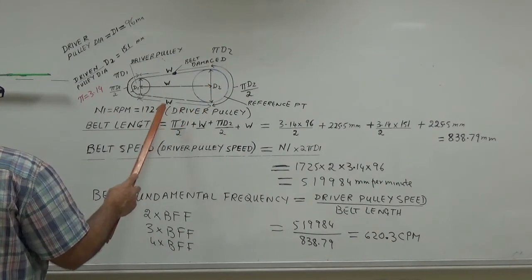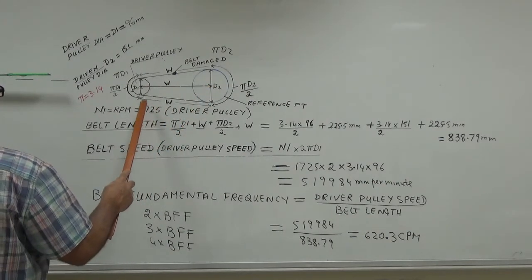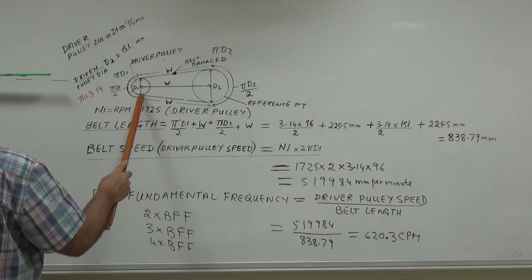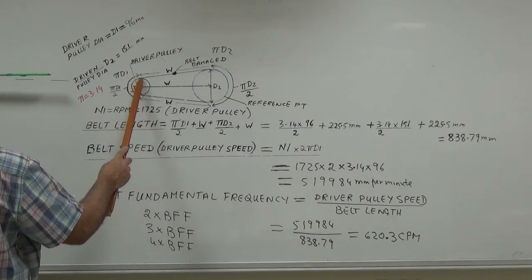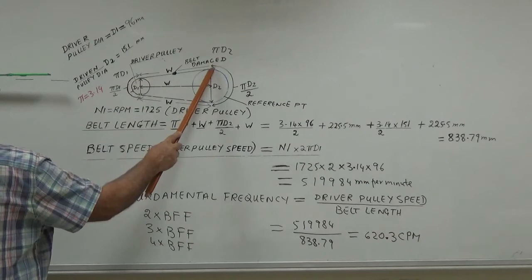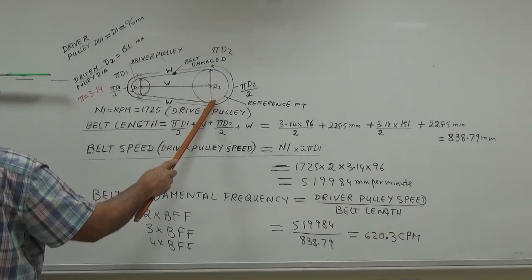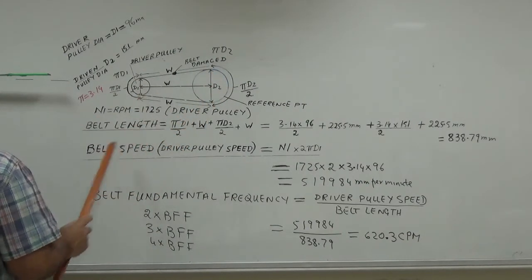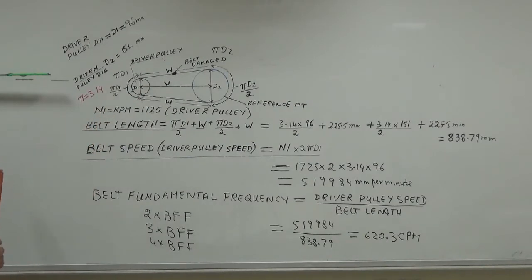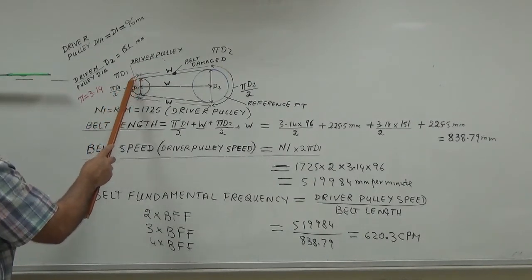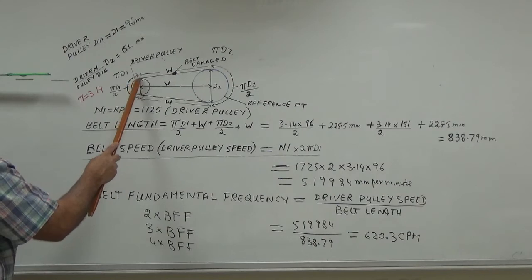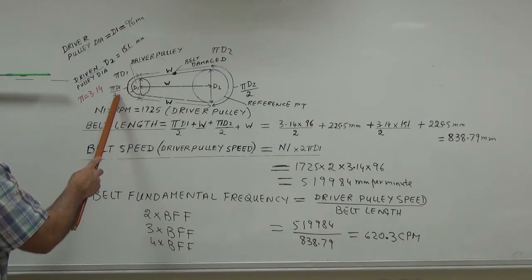So what is the length of the belt? The length of the belt is the distance from here to here plus W, then the distance from here to here, then again W. So this will be the total length of the belt. From here to here is pi d1 over 2.